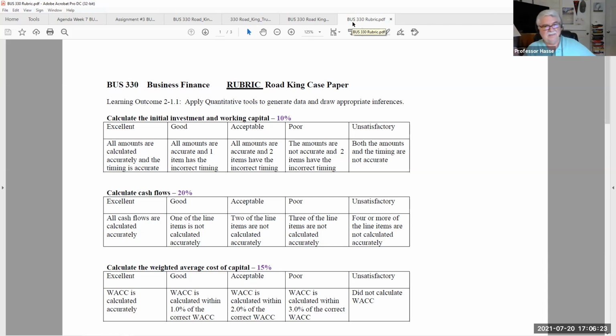So as you complete these spreadsheets, you can send them to me for review. That's one of the reasons we're going to have that review session on Saturday, July 31st, to give you one last opportunity to review the spreadsheets prior to you putting the paper together and answering those 6 questions that are asked for you to write on in the case.